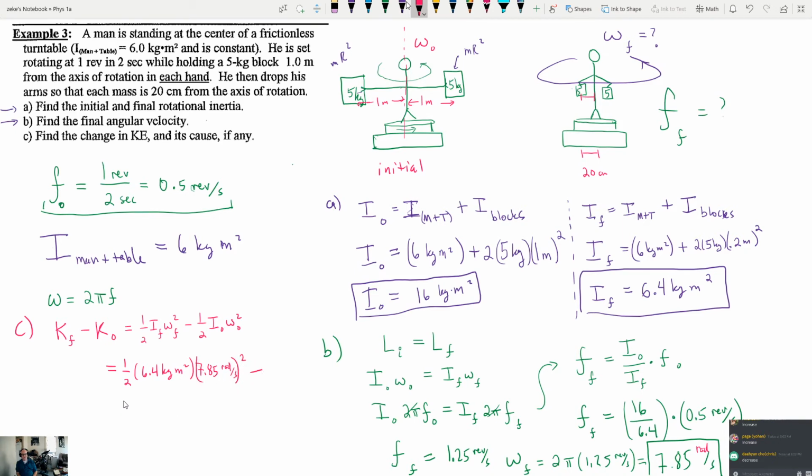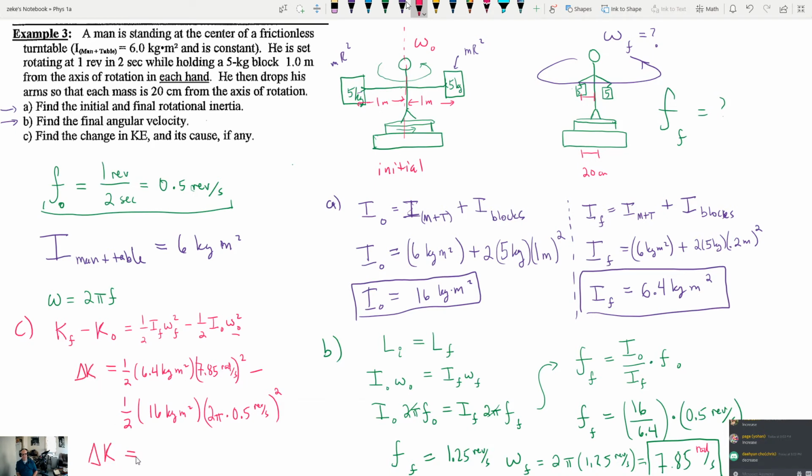Minus, I'm going to put this on the second line because we're running out of room, 1/2 I initial was 16. And omega initial, we never actually calculated that, so I'm just going to put 2 pi times 0.5 rev per second. That'll convert that over into angular speed. We're squaring that. So this is going to be equal to the change in kinetic energy.